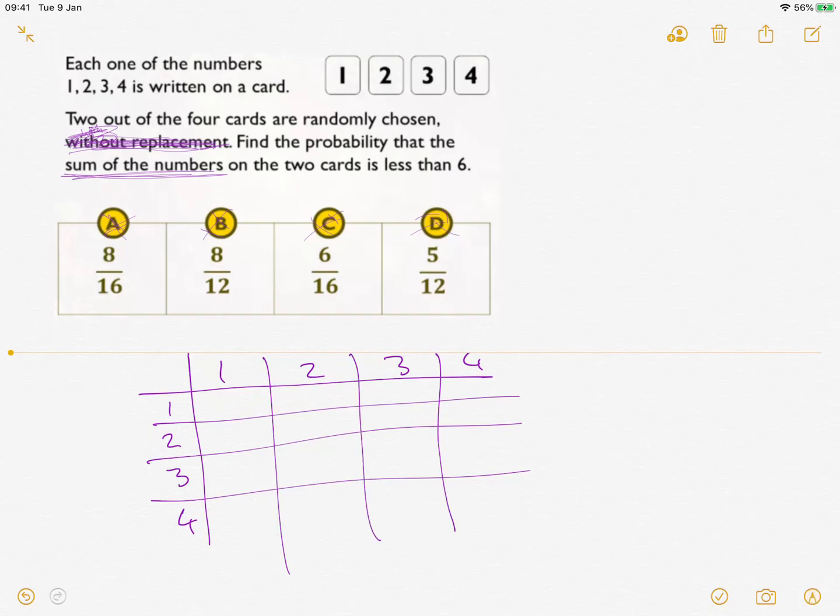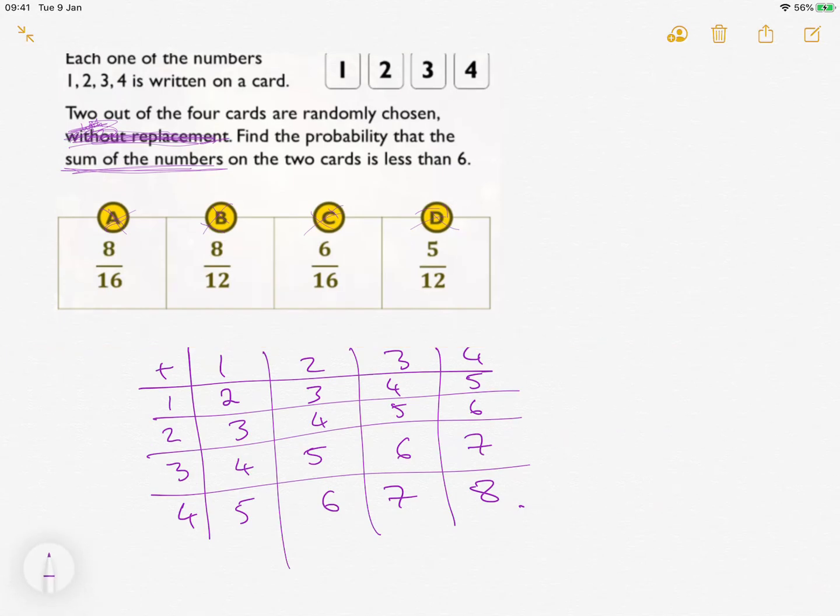So if I'm summing them together, then that would be 2, 3, 4, 5. 3, 4, 5, 6. 4, 5, 6, 7. 5, 6, 7, 8.